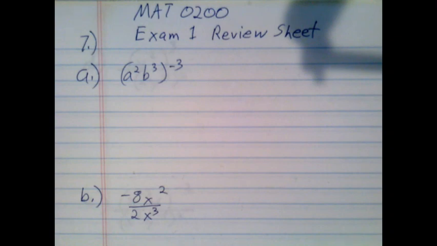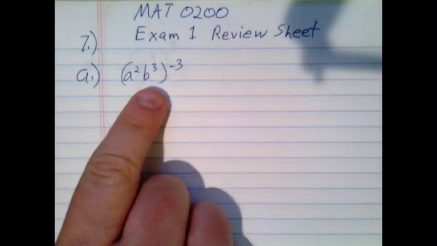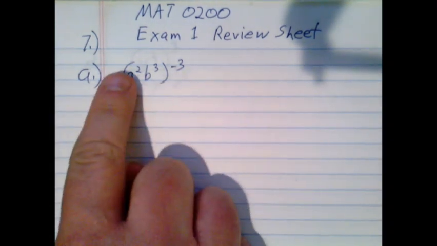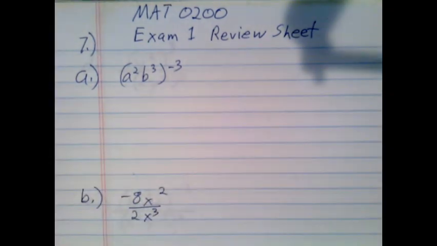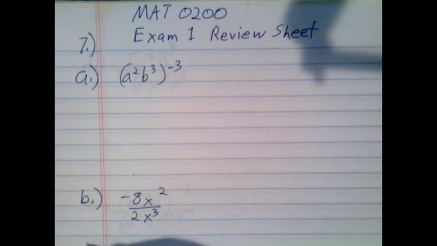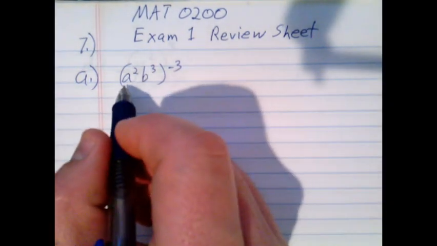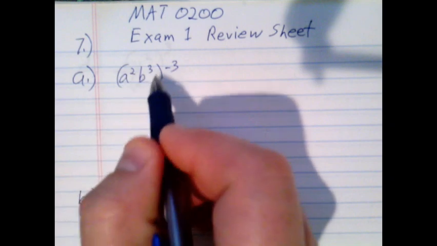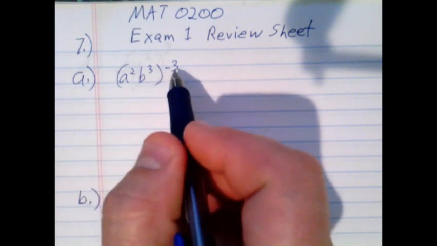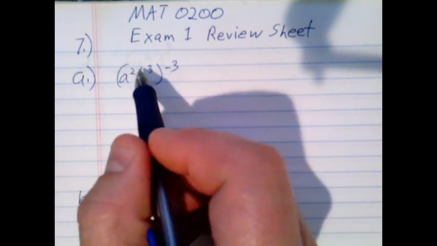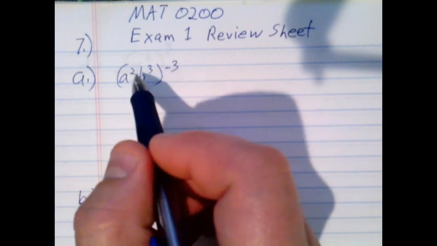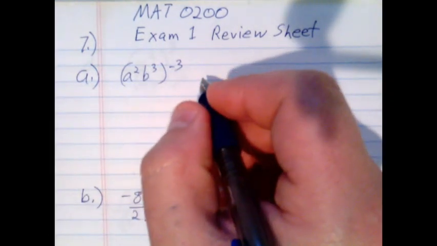So what we're given is the expression a squared times b cubed, but then all of that is raised to a power of negative 3, and our task is to simplify the expression. Now, when I simplify an exponential expression, one of the first things I typically do is, if I have multiple factors that are enclosed in parentheses and raised to a power, I invoke the rule that says that powers can be distributed across multiplication.